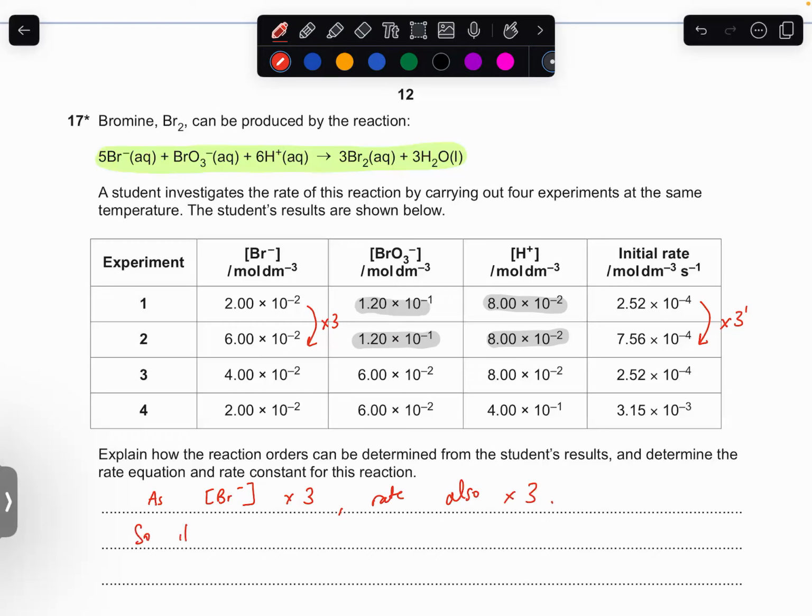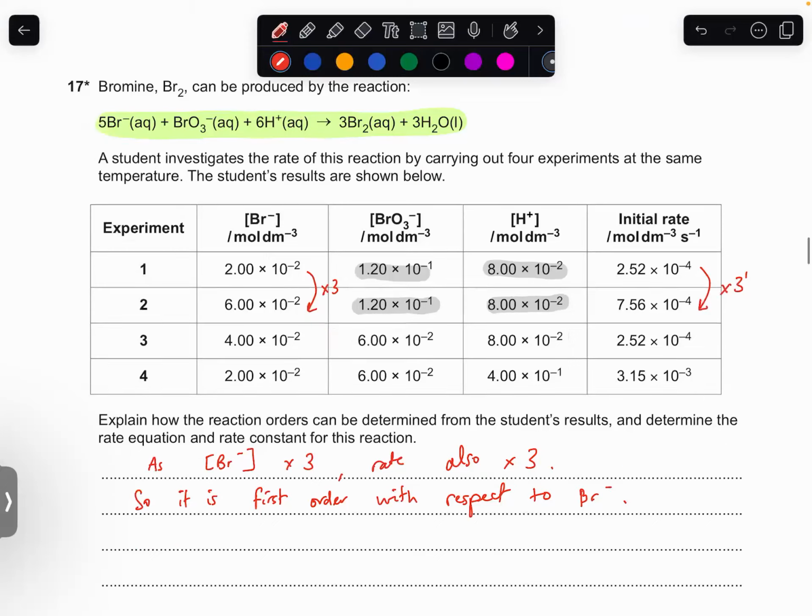So it is first order with respect to Br minus. First order. Now we are to do this for the next, so for H plus, what would be good ones to compare? Let's compare experiments 3 and 4.